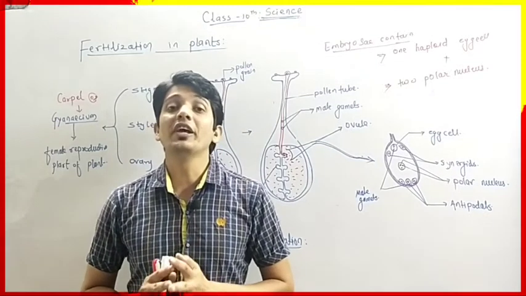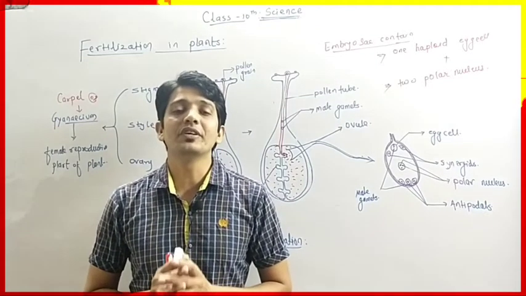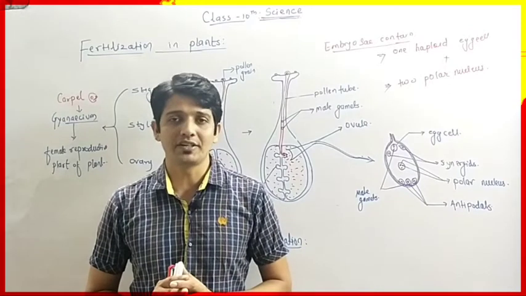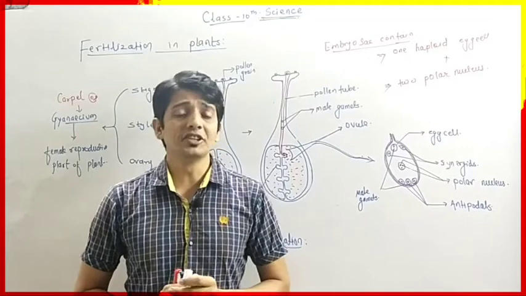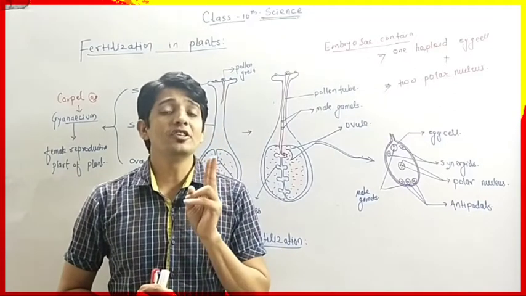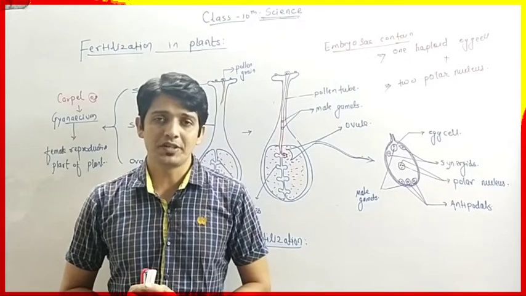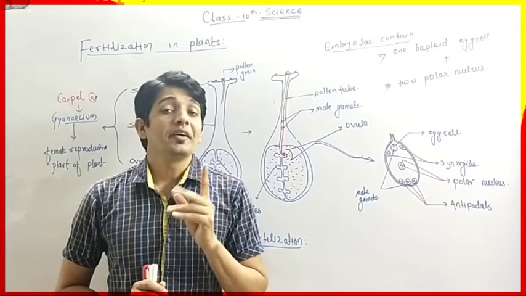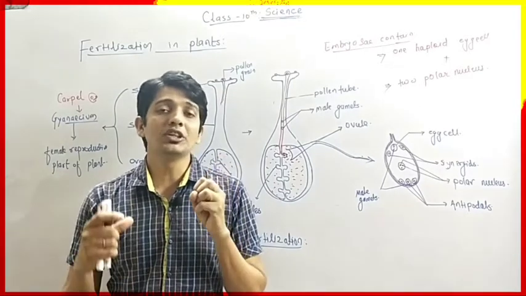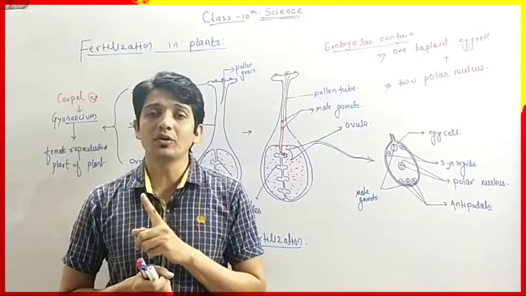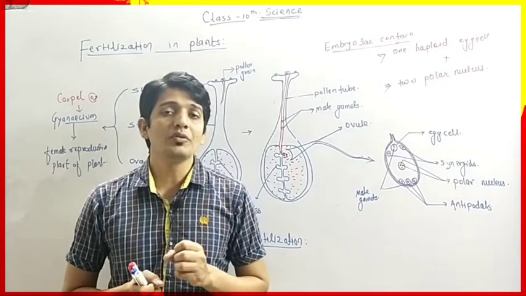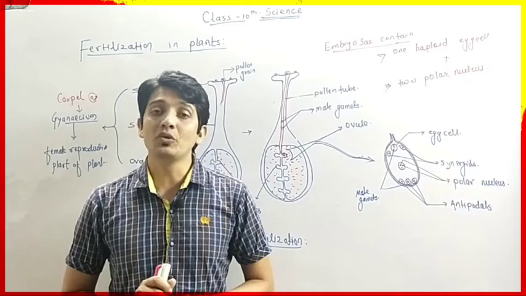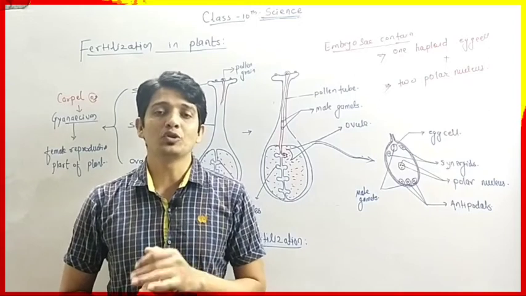So now today we are going to understand the fertilization process in plant. In fertilization process in plant there are two times fertilization takes place. One, when male gamete fuses with egg cell to form zygote, and the other male germ cell is fused with the secondary nucleus to form the endosperm.